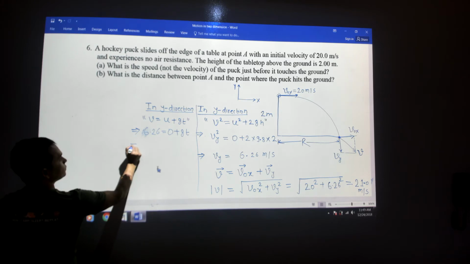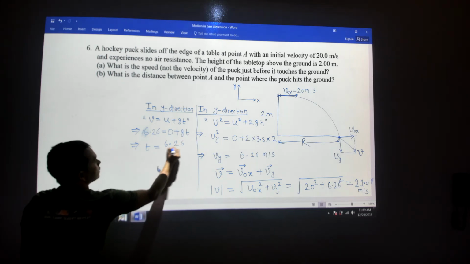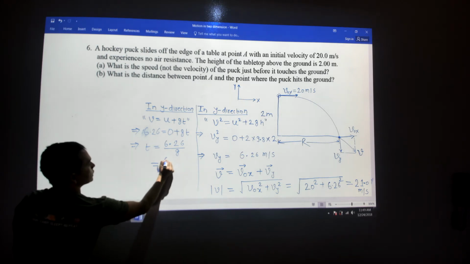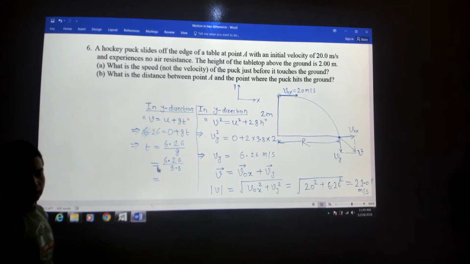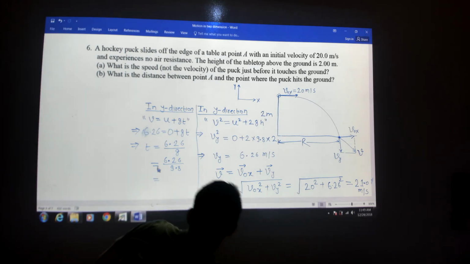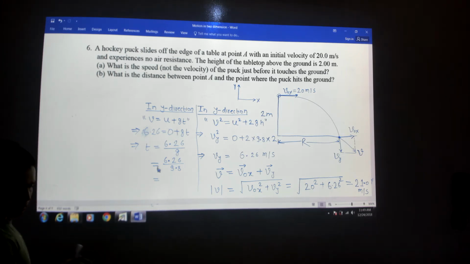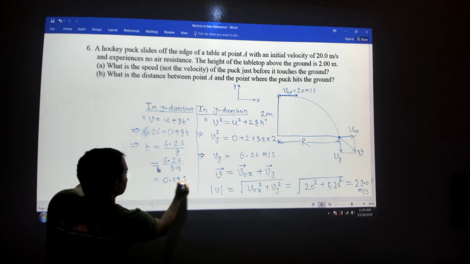So the time is equal to 6.26 divided by g. What is the value of g? 9.8. If you plug it into your calculator, 6.26 divided by 9.8, yeah, 0.64. The time you'll get is 0.64 seconds. This is your time now.